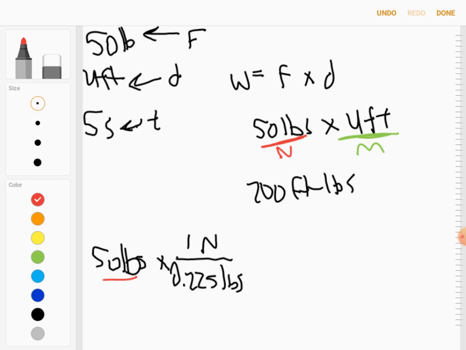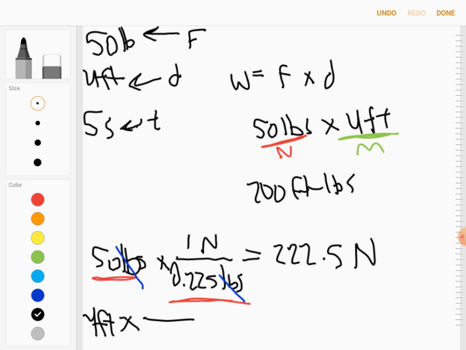If you put it on top, that would be wrong. After you do that, you can see that the pounds will cancel out, and the answer would be 225 newtons. Then, when you're converting the feet, it's the same kind of thing.